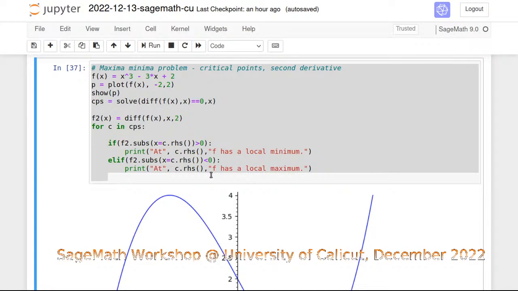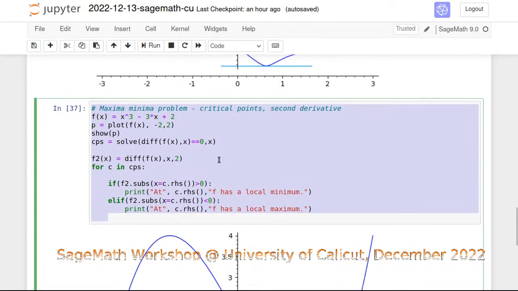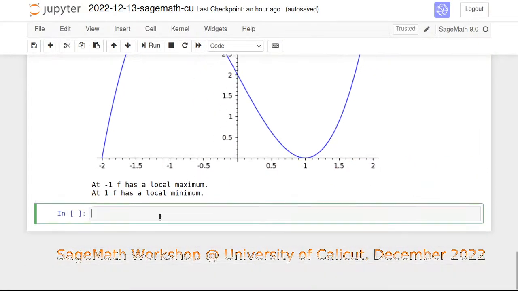Not only that, since at the endpoints the differentiability of the function is in question, we also need to evaluate at the endpoints and check if the values are more or less compared to the critical points. In this way we can solve the maximum-minimum problem using SageMath. Okay, so that's it.